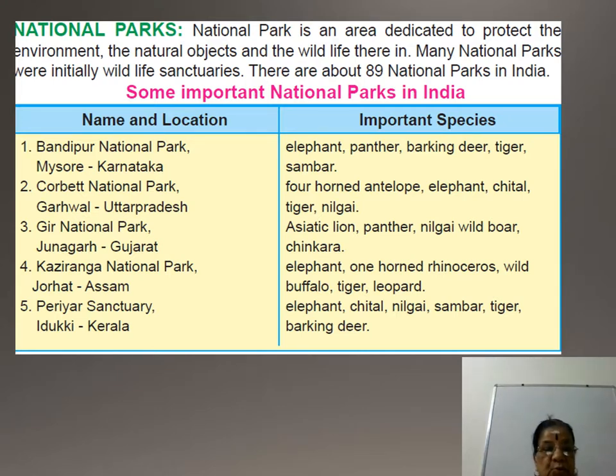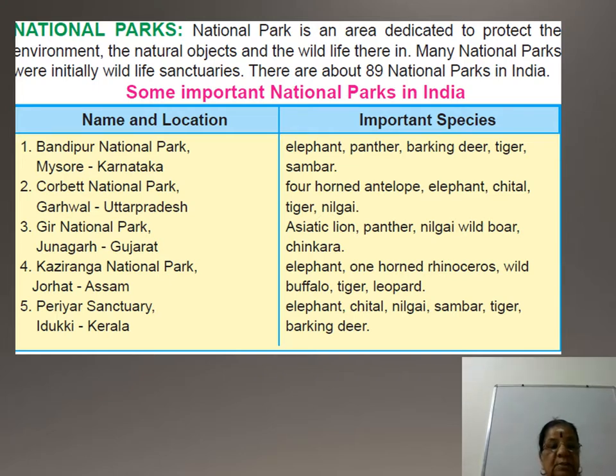I have not read all of them, there are a few, have a look. Such as Bandipur National Park, Corbett National Park, Gir National Park, Kaziranga National Park and Periyar Sanctuary. I have not read the animals here, go through them again. These are the important species found in that area. This is a national park. Right?